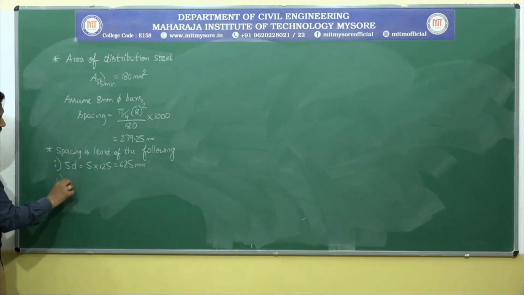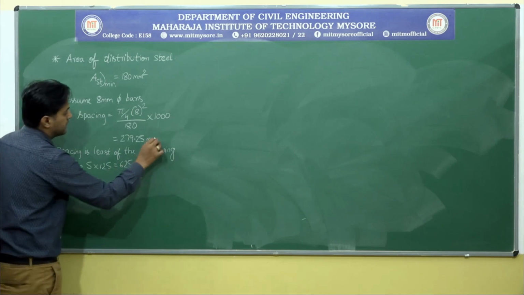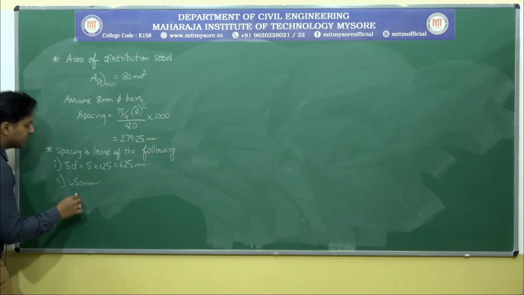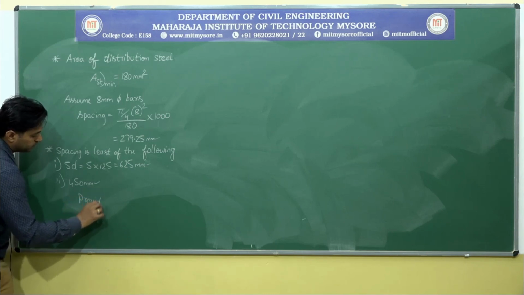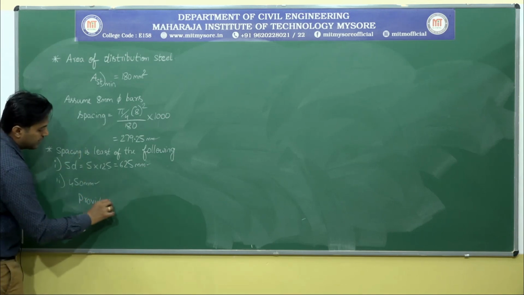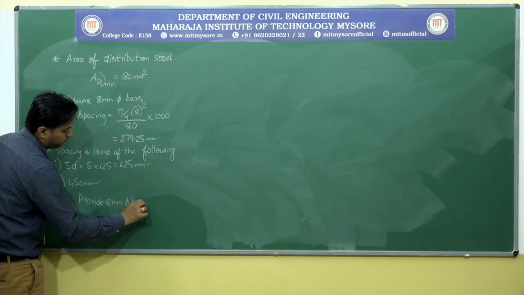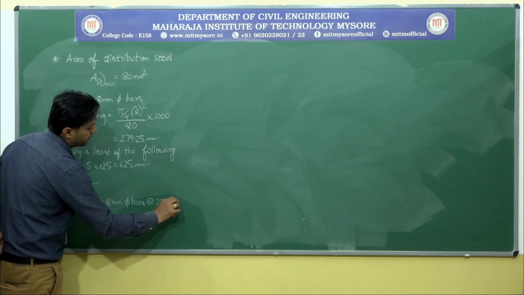Second one, 450 mm. So out of this, this and this, can I say provide 8 mm dia bars at 270 mm center to center.